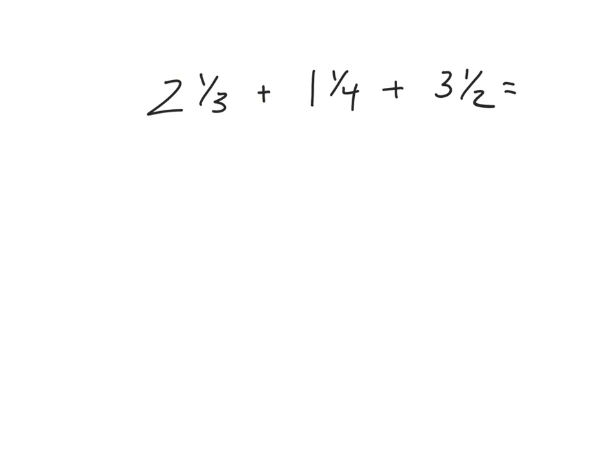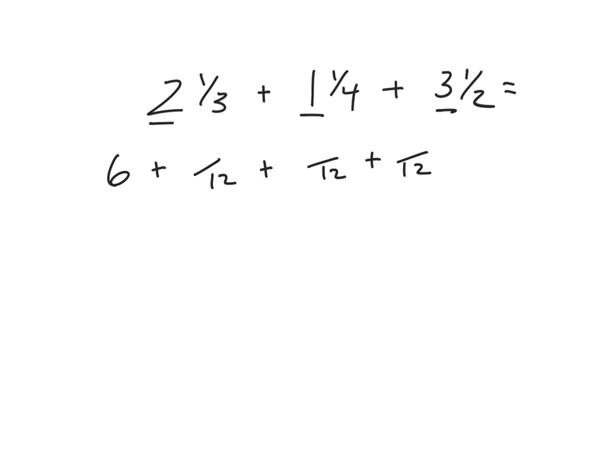What if we had 2 1/3 plus 1 1/4 plus 3 1/2? Okay, this is a problem that you could very well see on the MCAs. Now, what all of us 5th grade teachers hope is that you would go and take the whole numbers. 2 plus 1 is 3, plus 3 more is 6, plus your 12th, 12th, 12th.